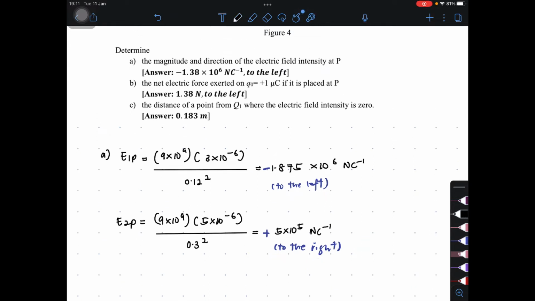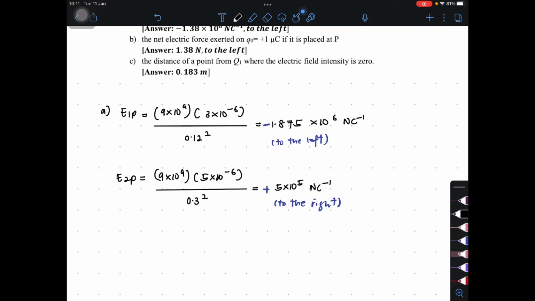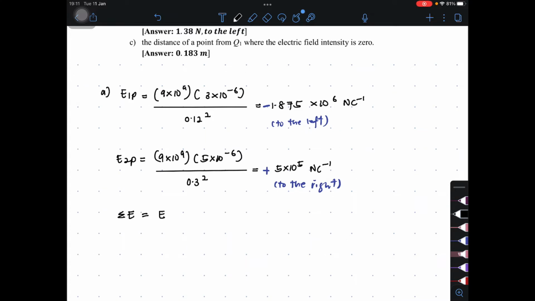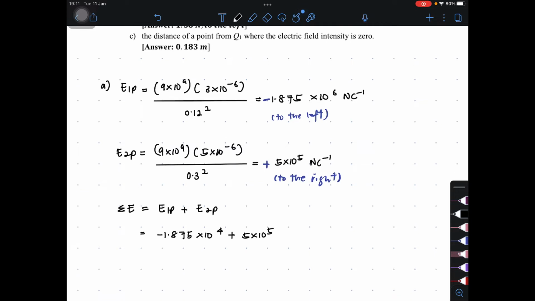And then after that, add as usual to find the resultant of the electric field. So E1P plus E2P. Since E1P is to the left, it is negative, and then plus 5 exponent 5.